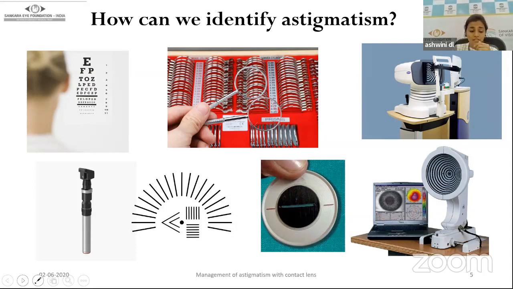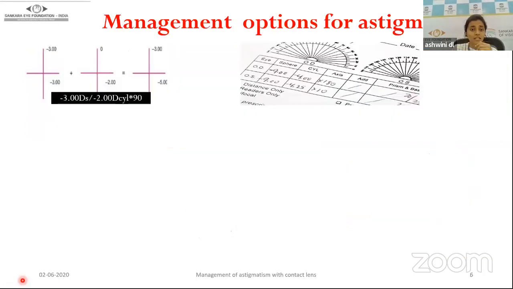Once we identify it, it's very important to know the management options available for astigmatism. Before going to the management options, I would like to say a little bit about the prescription. Whenever we get the power, the two meridians will have two different powers, right?